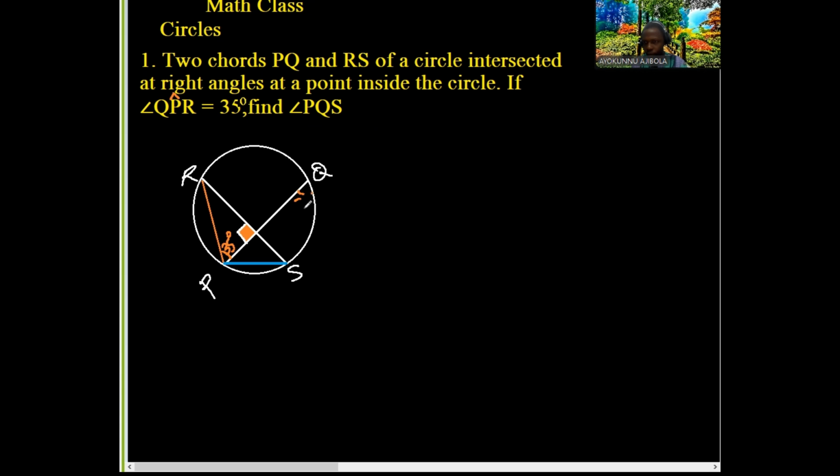Yes, sir. So let me join it with a brown line now, from Q to S. So if I want to identify the angle I'm looking for, it will be the whole of this brown region.